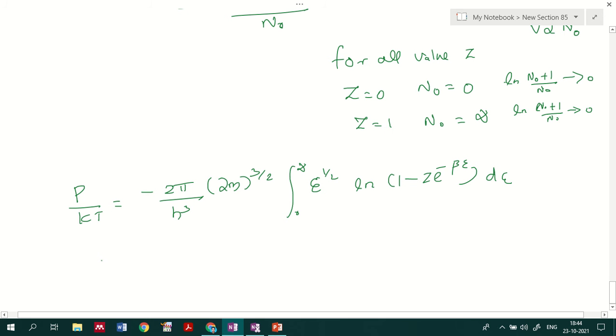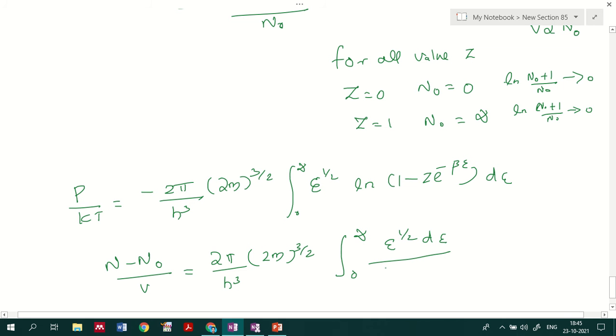If I substitute n by n0, n by n0 by v will be equal to 2 pi by h cube, 2m raised to 3 by 2, integral 0 to infinity epsilon raised to 1 by 2 d epsilon divided by z raised to minus 1 e raised to minus beta epsilon minus 1.